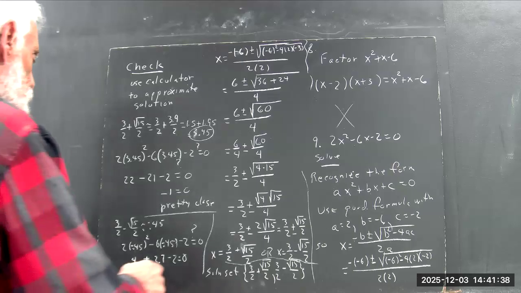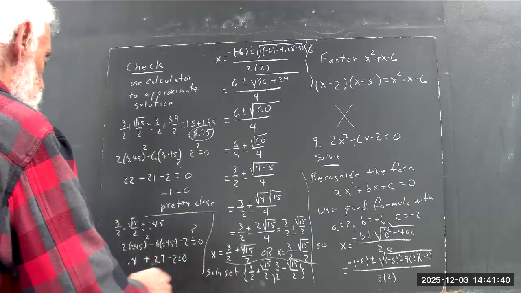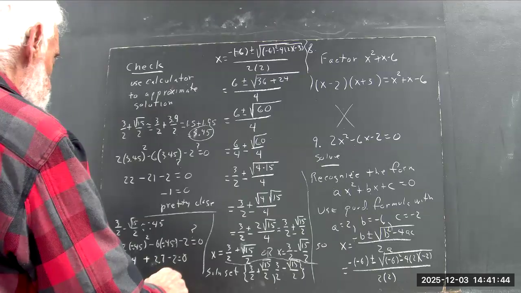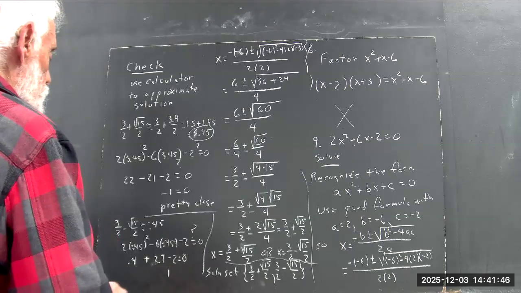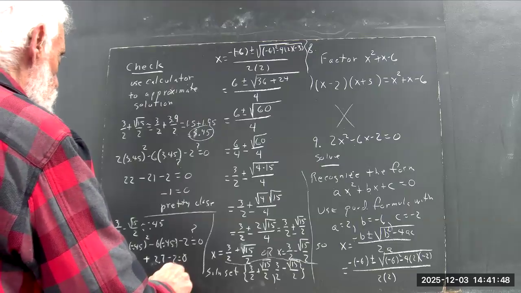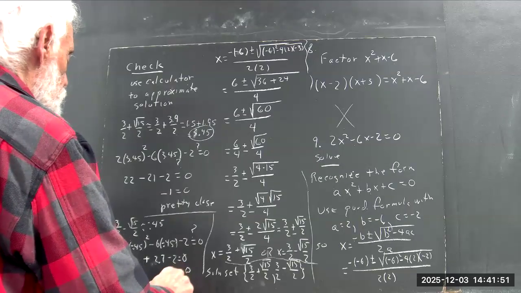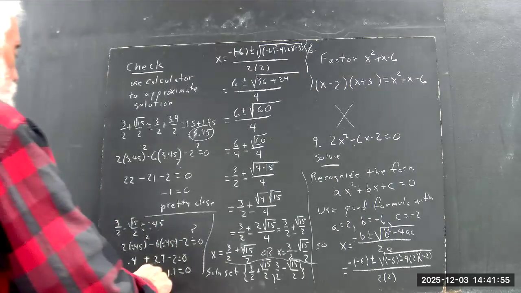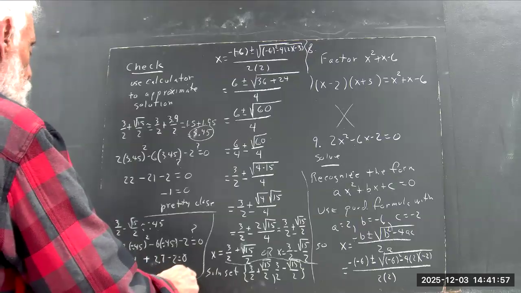That's a little further off than I would have expected. I must have done something wrong up here. But anyhow, we get like 1.1 equals 0. For a small number like 0.45, I should have been a little closer to 0. But still, it's probably okay.